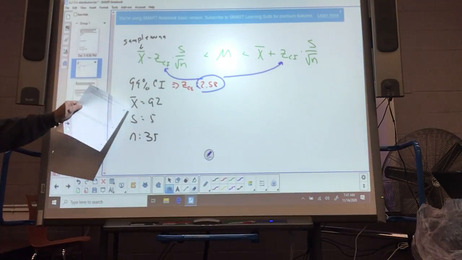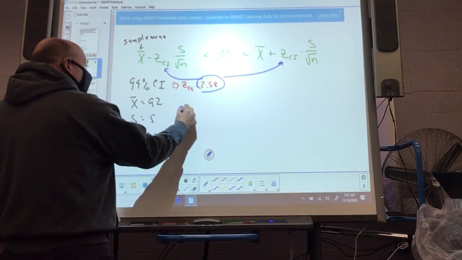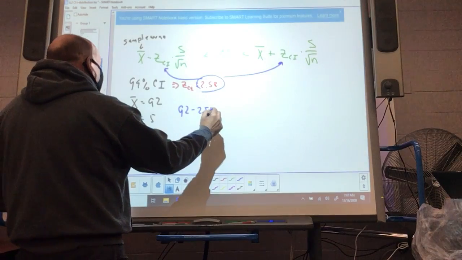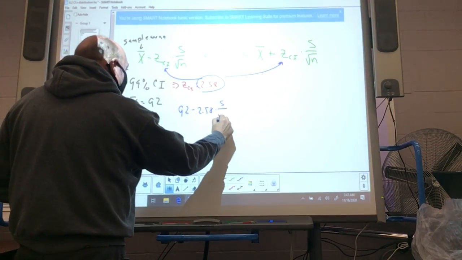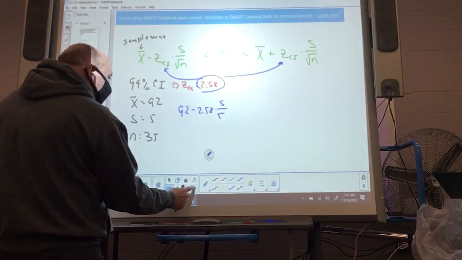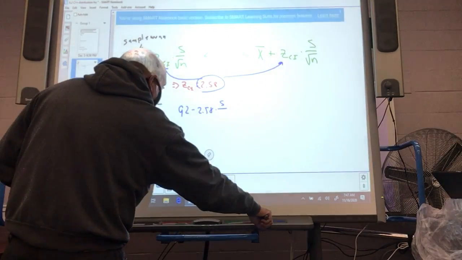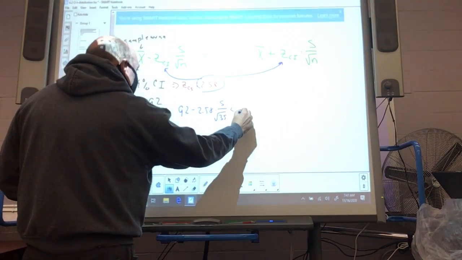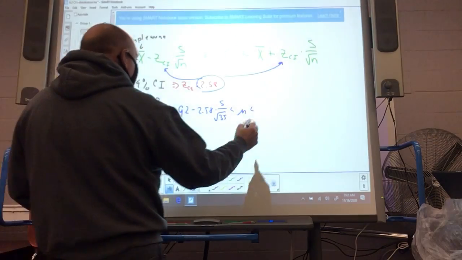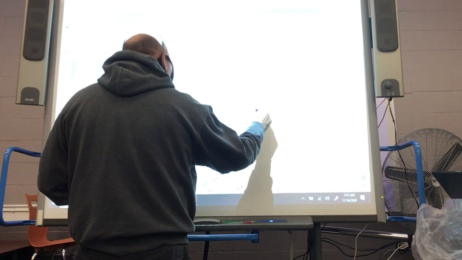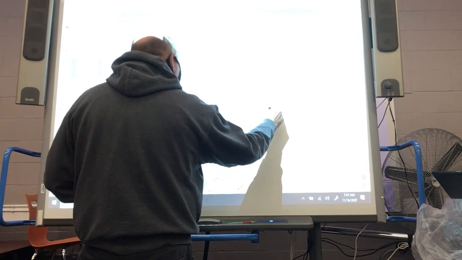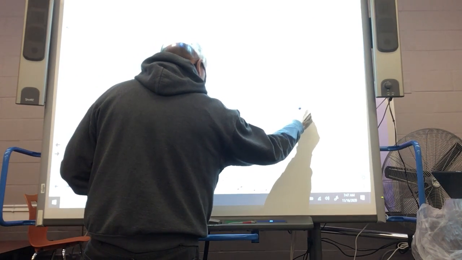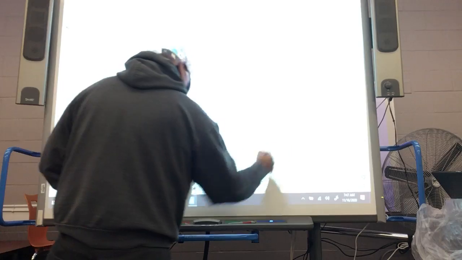So we have our mean, which is 92, minus 2.58 times the standard deviation of 5 divided by the square root of 35. And then we have the exact same thing, but we add 2.58 times the standard deviation of 5 divided by the square root of 35.